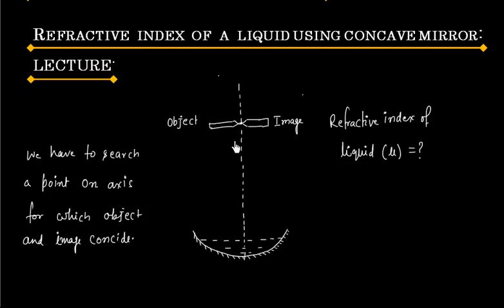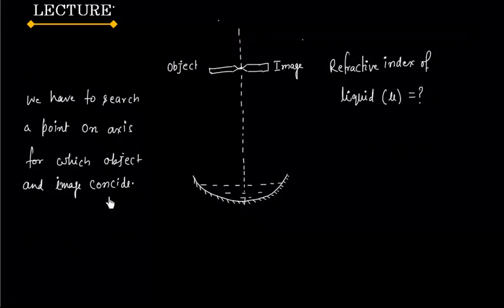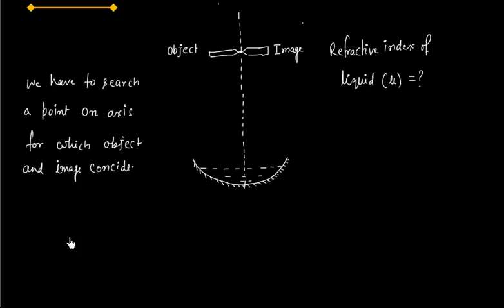Object and image coincide. This means the incident ray and reflected ray are the same. That is, the reflected ray follows the same path that is followed by the incident ray.